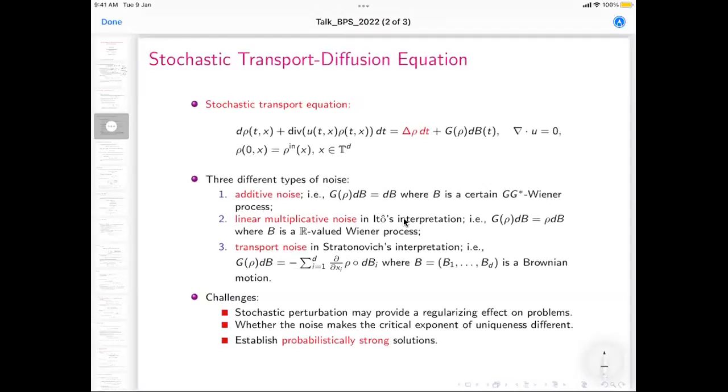So there is a competition between them. But this non-uniqueness result is so strong that even if you put in diffusion, it can still handle it, but not for free.